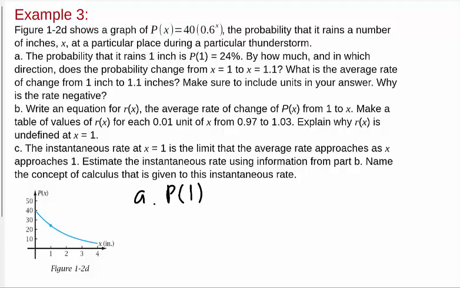Then I'm going to go to second window, which gives me the table setup, and make sure to set the independent, INDPNT, over to ask. And then I'll go to second graph, which is a table. So now I have a table, so I can just plug in the values I need. Well, I know p of 1 is 24. It says that in the question. And I know that p of 1.1, according to my table here, is equal to 22.805.